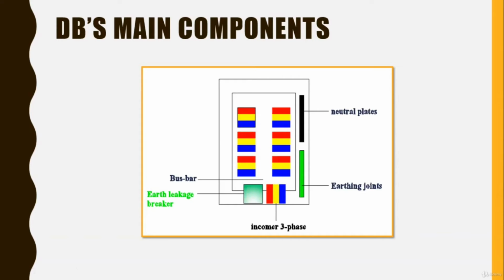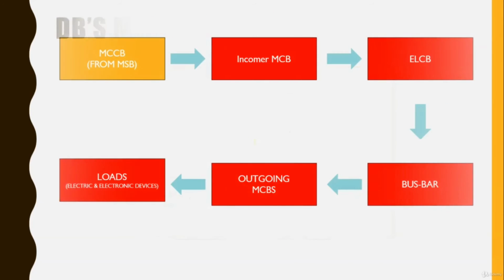The outgoing MCBs feed electric devices. On the other hand, these are neutral plates and earthing joints. Of course, you have to connect neutral wires and earth wires there. We can simplify the procedure by these blocks. I think it's clear. Let's move.